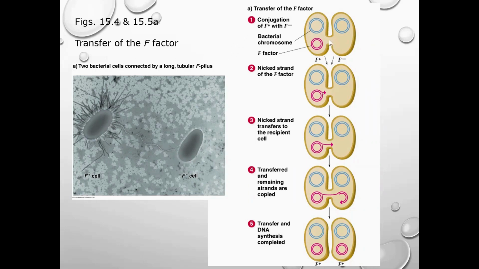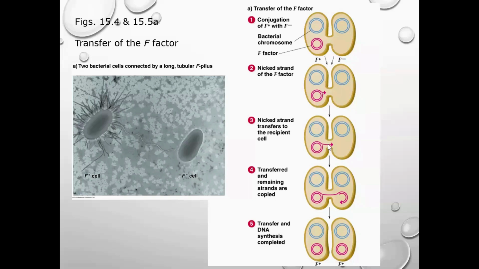By means of the pili, these two cells get joined and a conjugation bridge is formed. But this portion of the cell membrane between the two cells also mixes together, and a junction is formed between the cell membranes, and transfer occurs there, not through the tube.